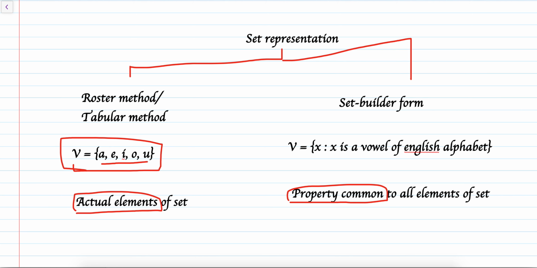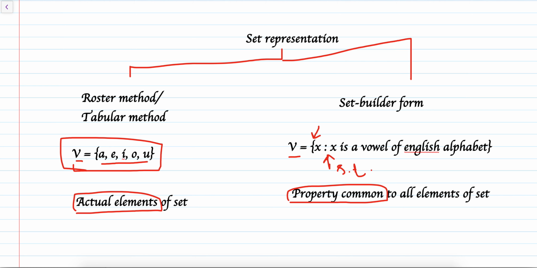We read this symbol as "such that". So here also we are denoting it using capital letters and the elements inside the curly braces, but here we are writing the property which is common to all elements.